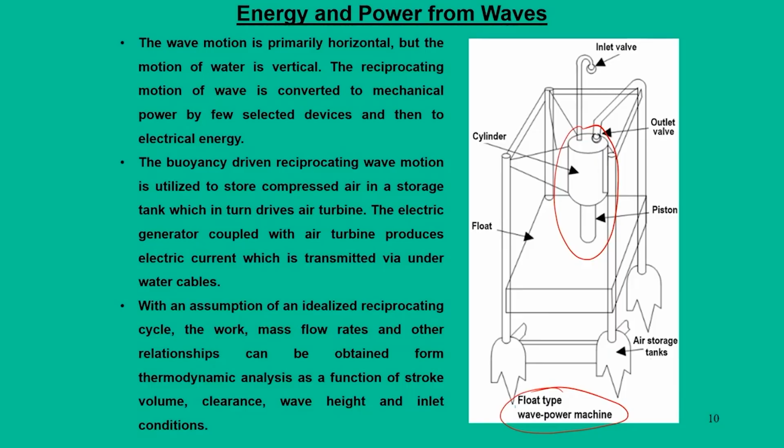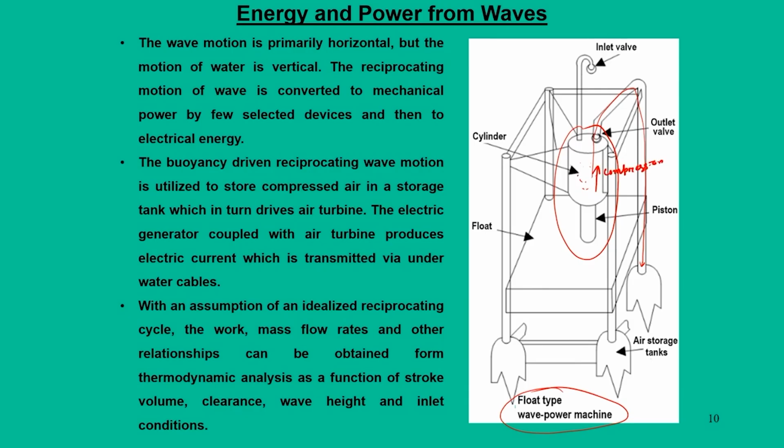The wave has a series of sinusoidal patterns, and in one case we can say it is compression, in the other case expansion. In one period of the wave, the piston gets compressed, and the slug of air in the cylinder is compressed and enters the storage tank. This is what we call the piston's compression stroke.